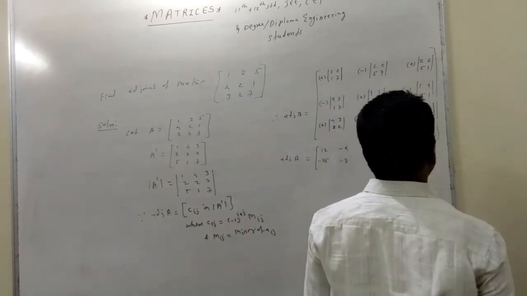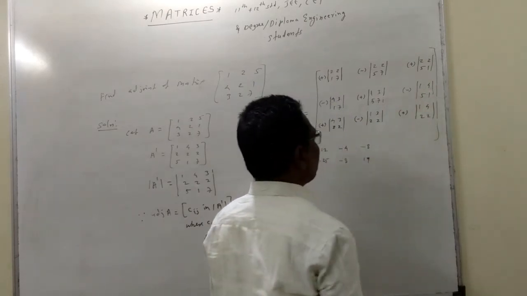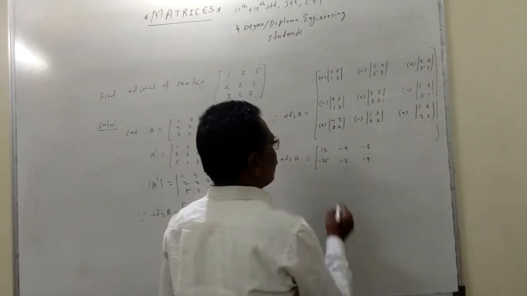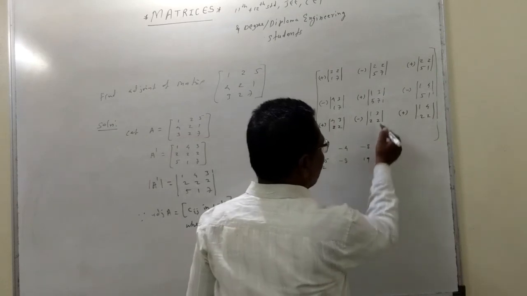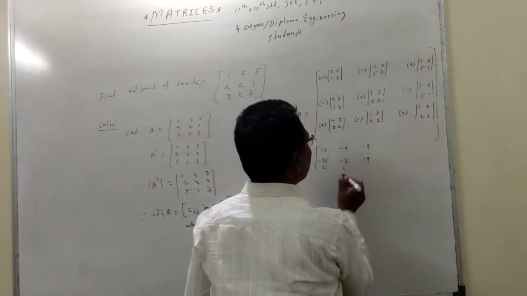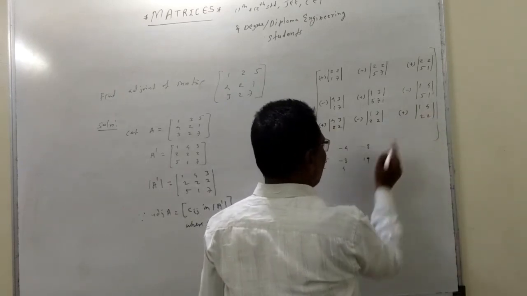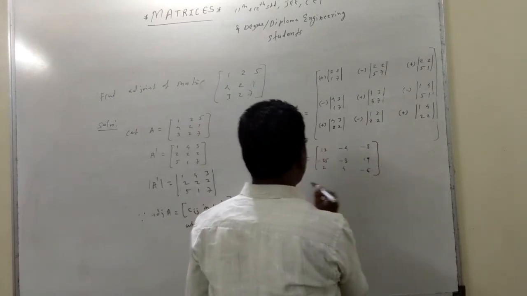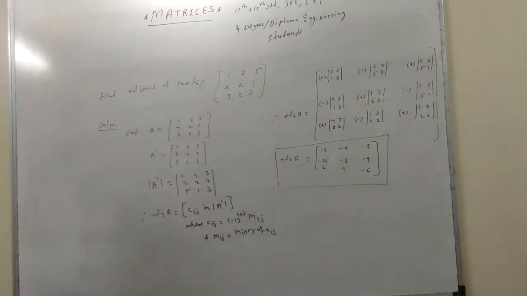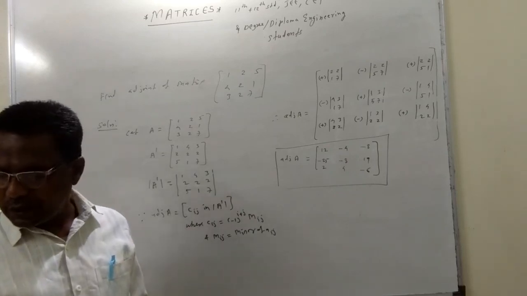Then 1 minus 20 is minus 19, outside the bracket is minus, so minus minus is plus 19. 4 into 2 is 8, 8 minus 6, so 2 positive. 2 minus 6 is minus 4, and here minus, so minus minus is plus 4. 2 minus 8 is minus 6, here positive, so minus 6. So this is the adjoint A. This is the method to find the adjoint of a matrix. Now we stop this lecture here.